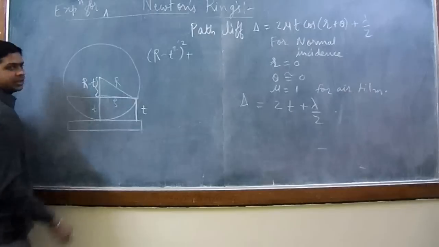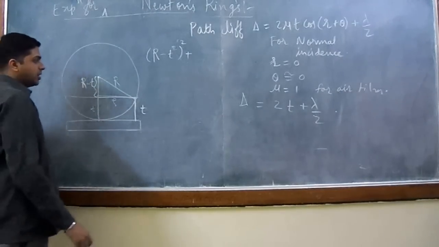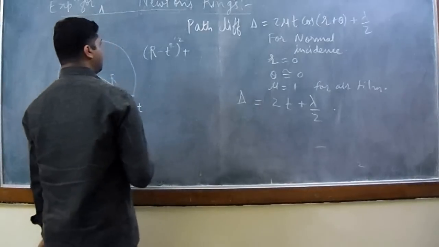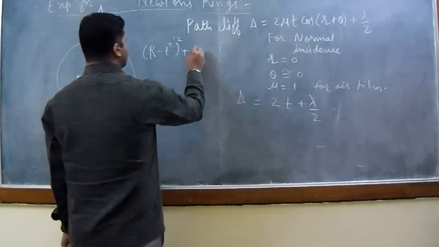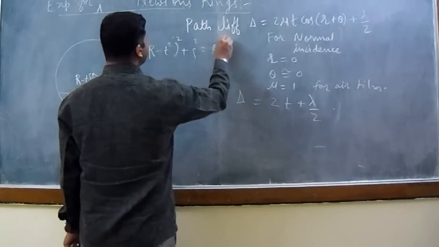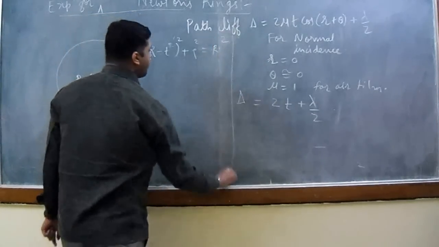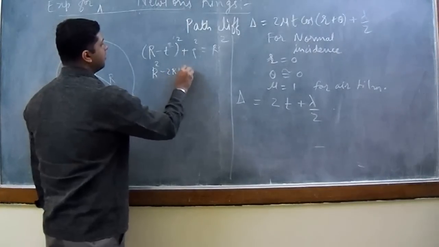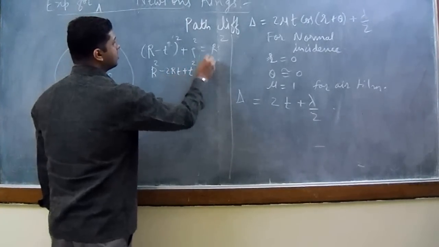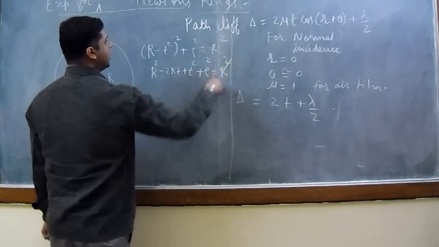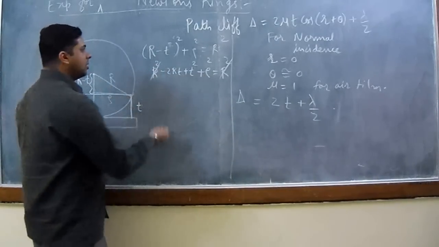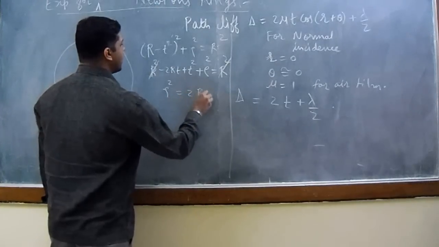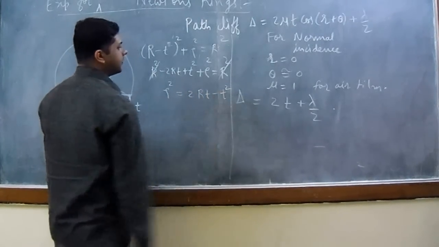So by the Pythagoras theorem we have (R minus t) squared plus rho squared is equal to R squared. So this is R squared minus 2Rt plus t squared plus rho squared is equal to R squared. Cancelling R squared, we get rho squared is equal to 2Rt minus t squared.